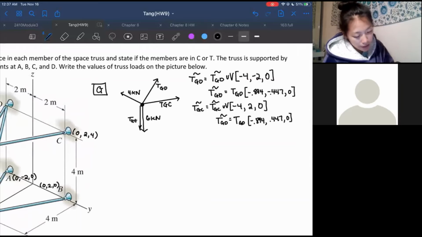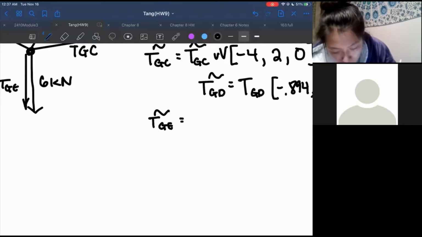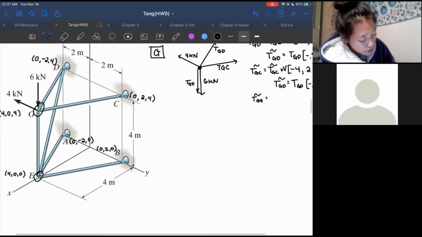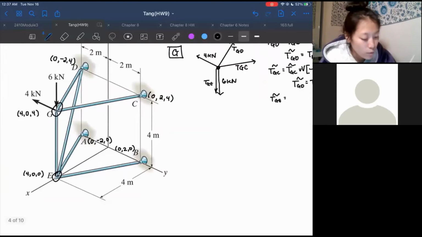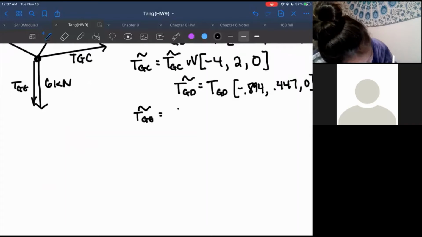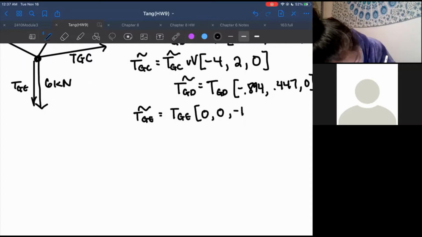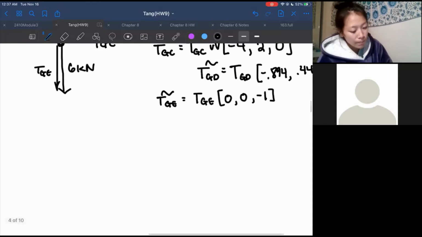Now we'll find TGE. We know it goes straight down, so there's no X and Y component. So we can just write TGE as 0, 0, and we know it goes down, so just write negative 1 in the Z direction.